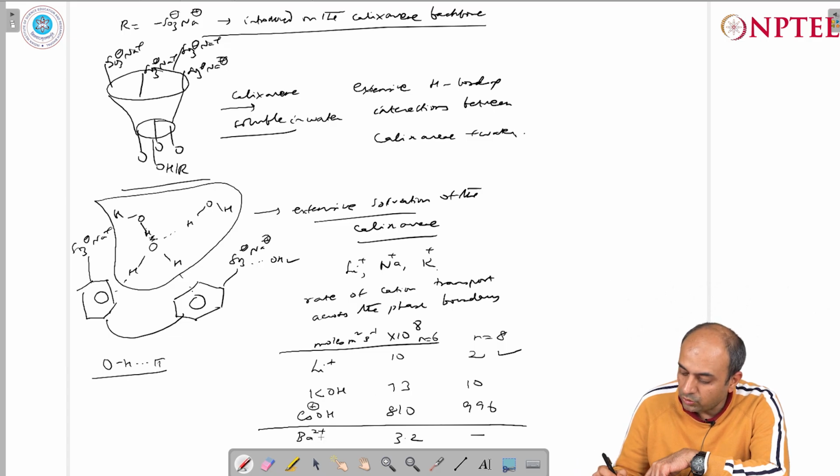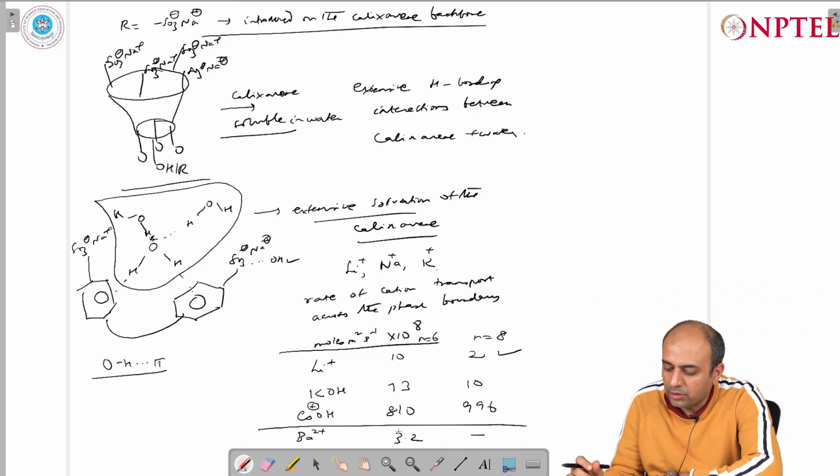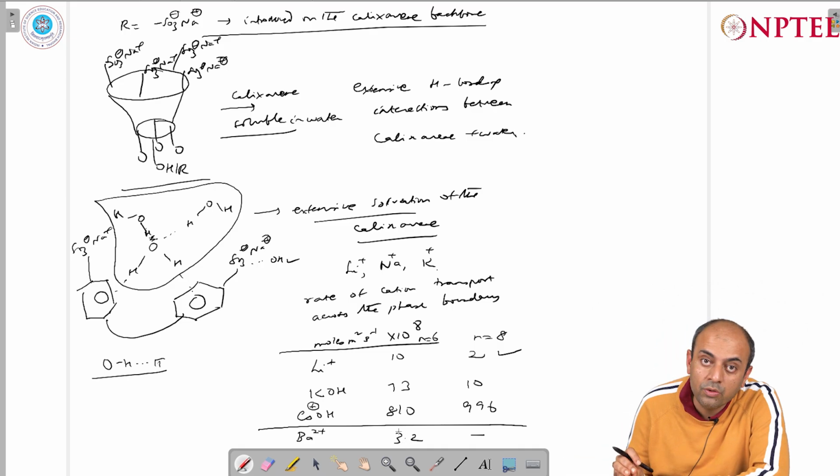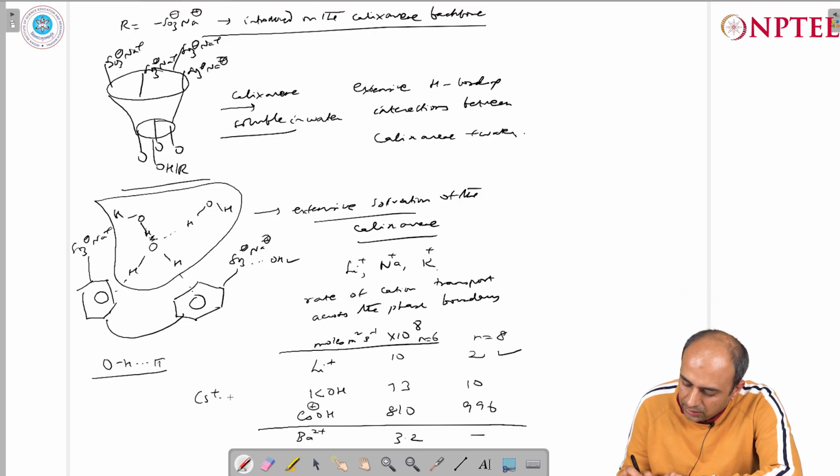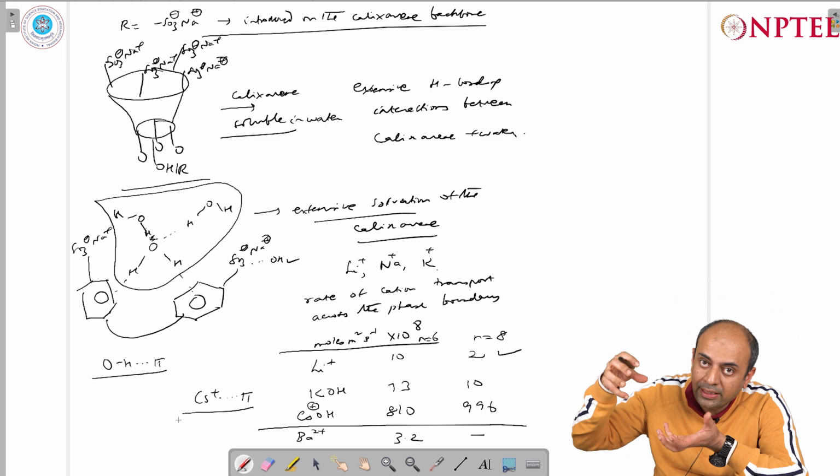And if you were to increase it to barium, the charge, because you increase the charge, however it does not enhance the cation transport. And people have actually looked at the structure and shown very clearly that the cesium ion stabilizes itself by cation-pi interactions in the structure, and also this is a nice steric fit.